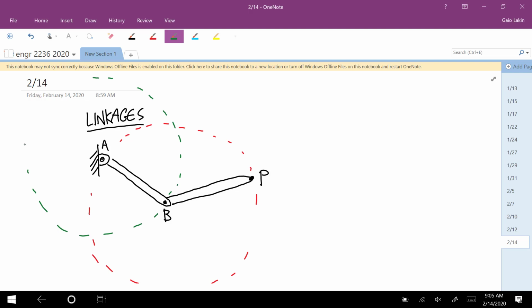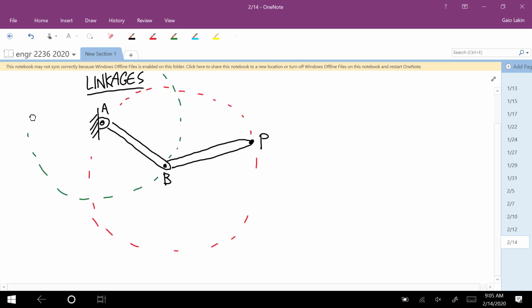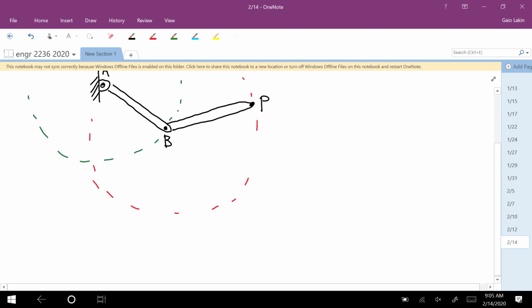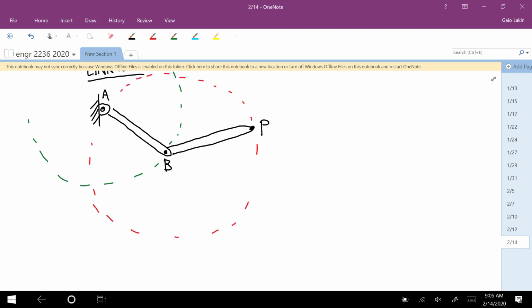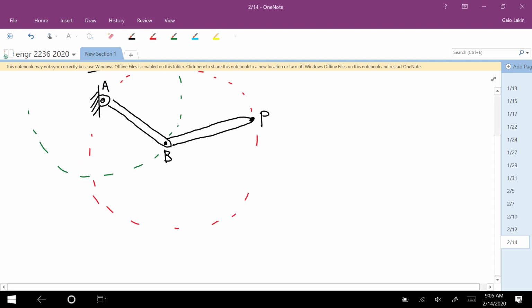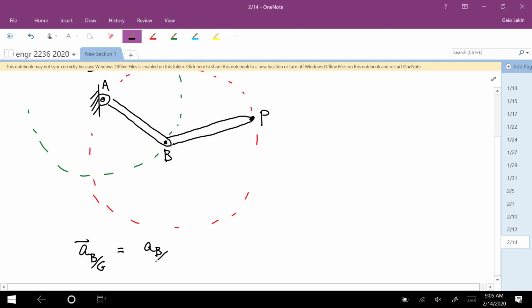So what if we did use relative motion for the acceleration of B? Let's think about that. The acceleration of B relative to the ground is equal to the acceleration of B relative to A plus the acceleration of A relative to the ground.